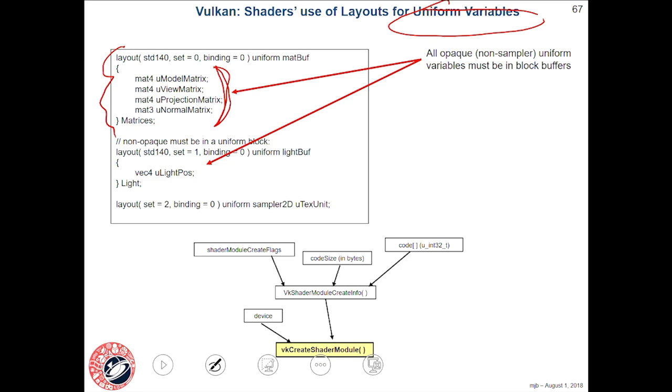All uniforms except for texture samplers have to be done this way. So it's in your best interest to combine these things into clusters, like here, combining these into multiple matrices, combining this maybe into different light source properties or different lighting properties. Except for samplers. Samplers can be done on a line by themselves.